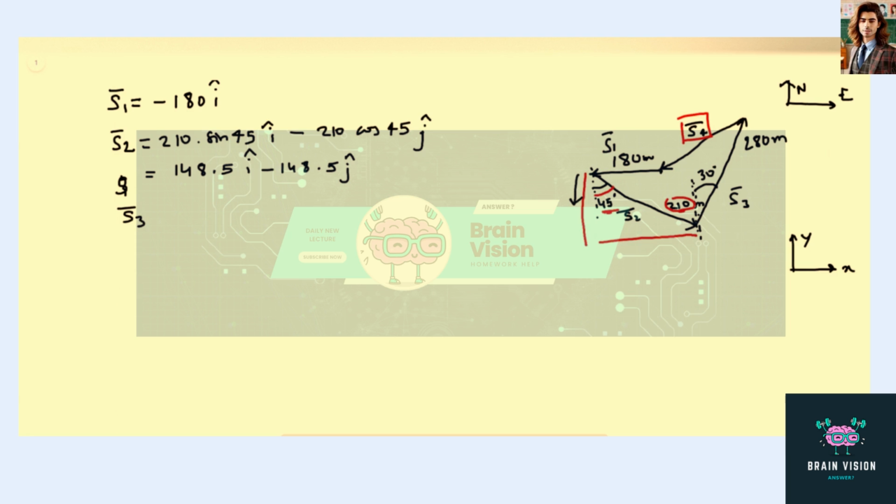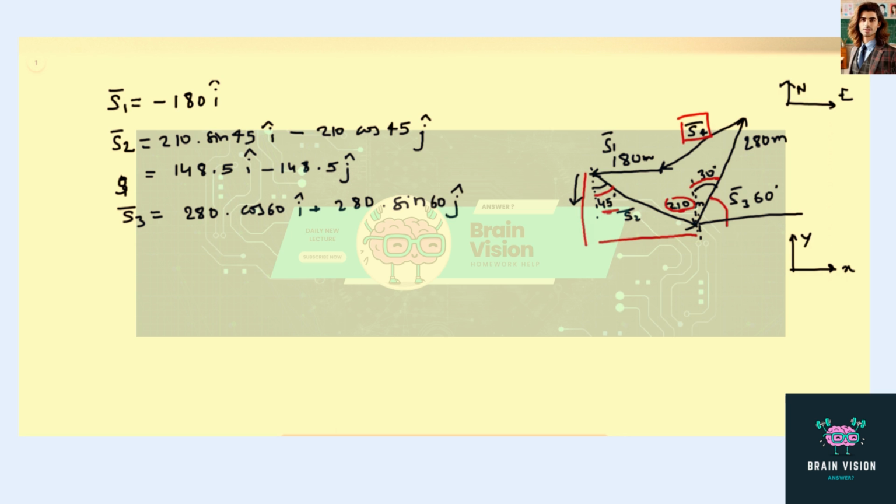Now, S3 is pretty simple. Because it makes an angle of 30 degrees with the y-axis, it makes an angle of 60 degrees with the x-axis. This angle would be 60 degrees. Hence, we can simply write it as its magnitude 280 multiplied by cos 60 i cap plus its magnitude 280 multiplied by sine 60 j cap.